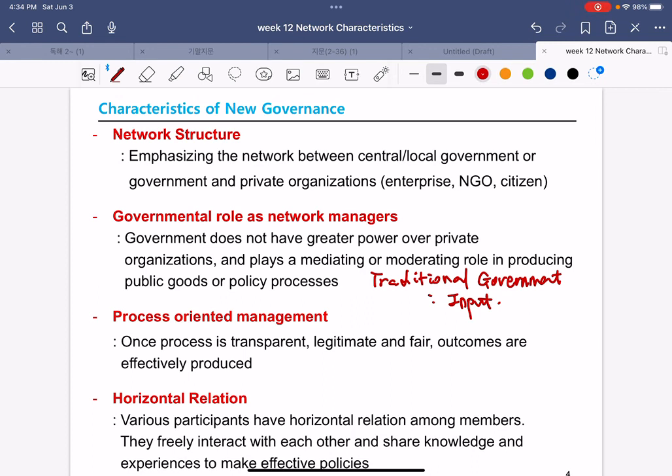What is the emphasis in the new public management? Market-oriented government, maybe market government. What is the emphasis? Maybe performance outcome.